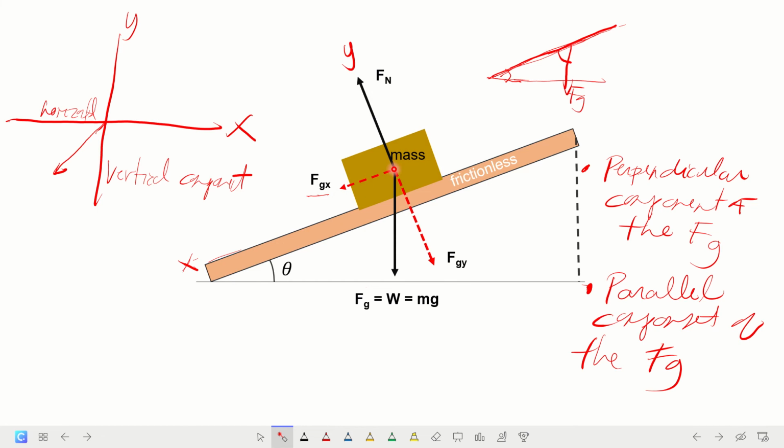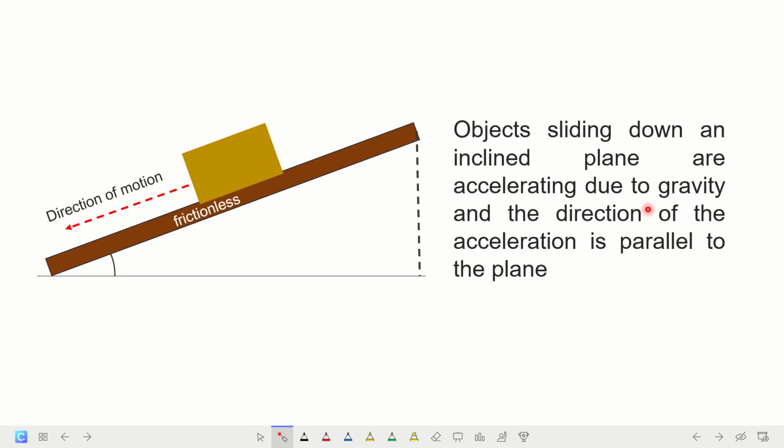So since we already resolved this into f of g of x and f of g of y, we can now ignore this one.